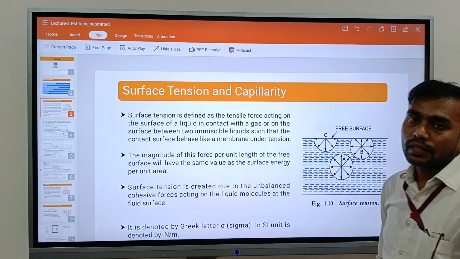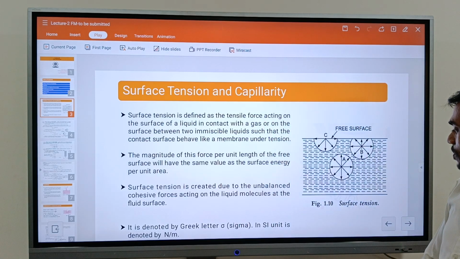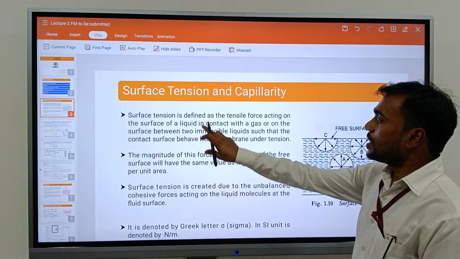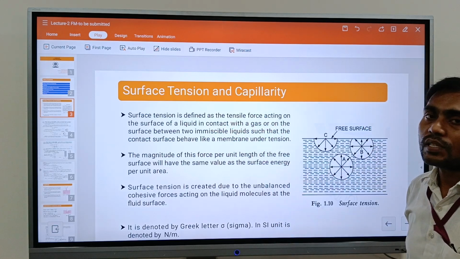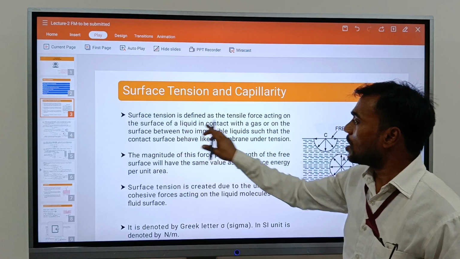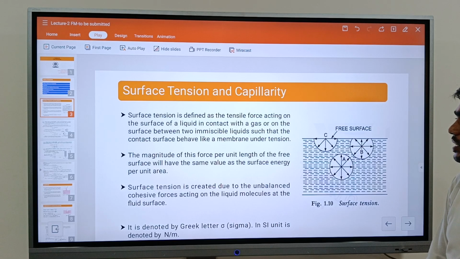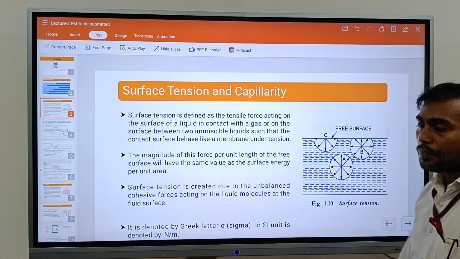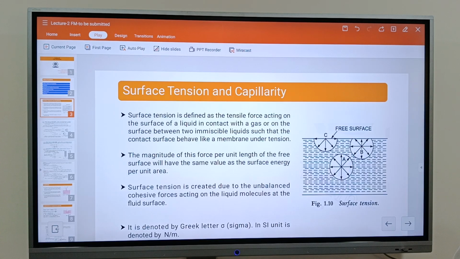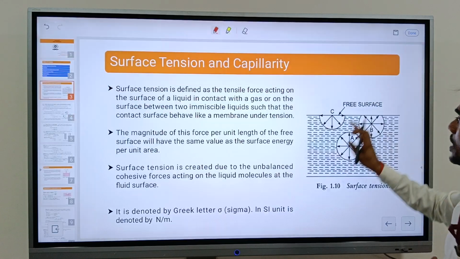What is surface tension and capillarity behavior? Surface tension is defined as the tensile force acting on the surface of a liquid in contact with a gas or on the surface between two immiscible liquids, such that the contact surface behaves like a membrane under tension. Surface tension is basically a type of tensile force.